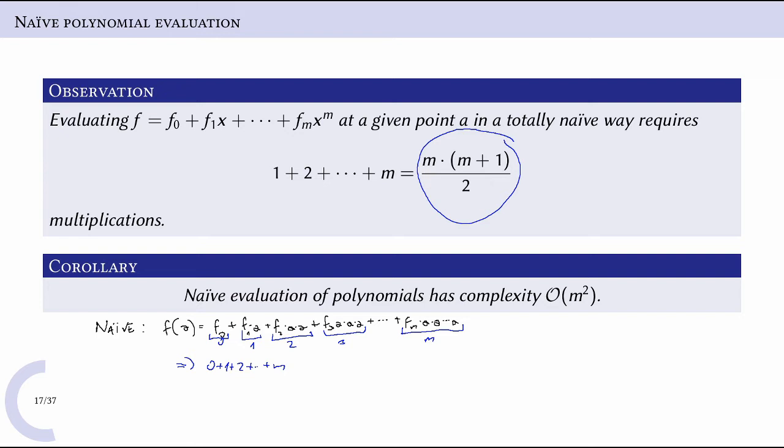But it is easy to observe that this is really a naive way, because we separately compute a square, a cube, and so on and so on, every time doing all the multiplications. But it's obvious that if we already computed a square and we want to compute a cube, we don't need to multiply a 3 times by itself.